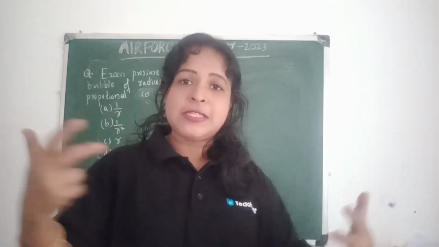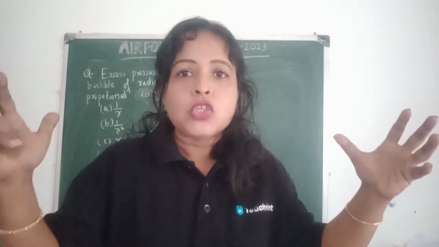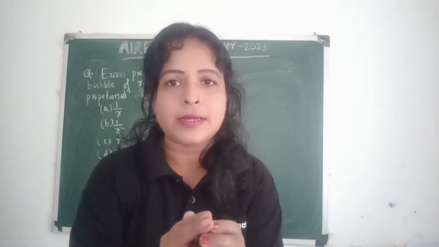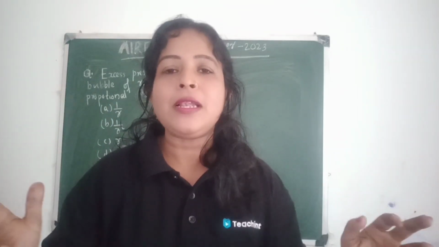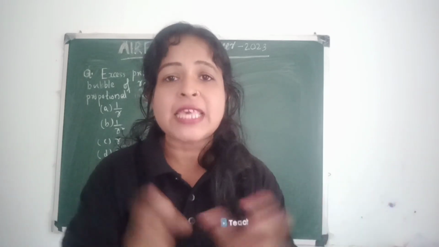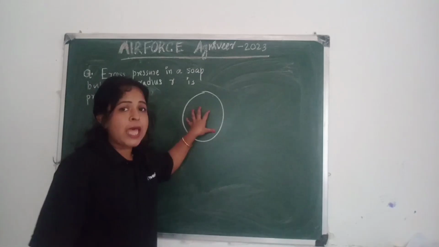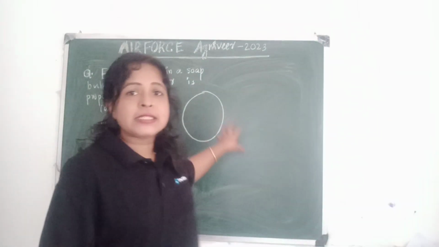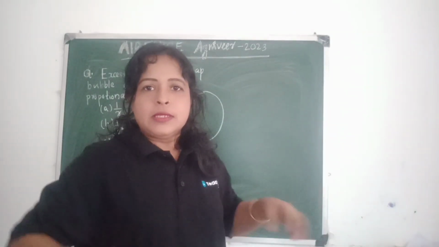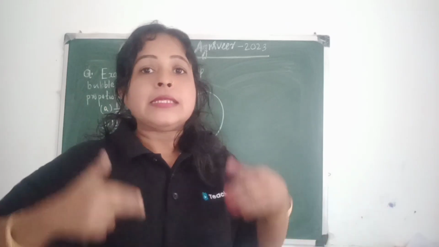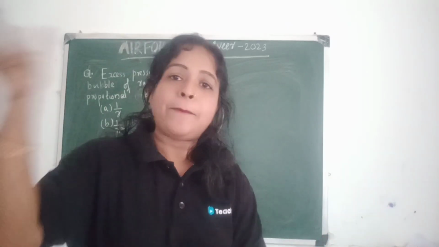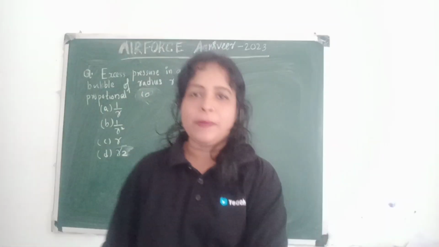Due to the surface tension, the soap bubble contracts and reduces its surface area, so the pressure inside the soap bubble is greater than the pressure outside the soap bubble.